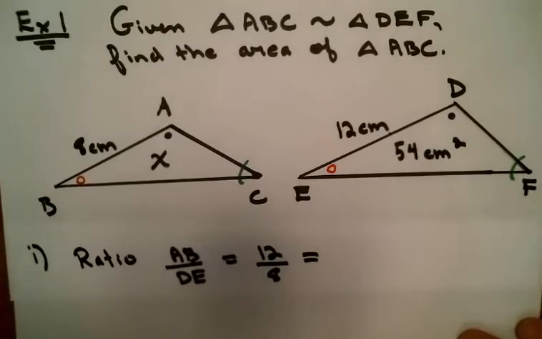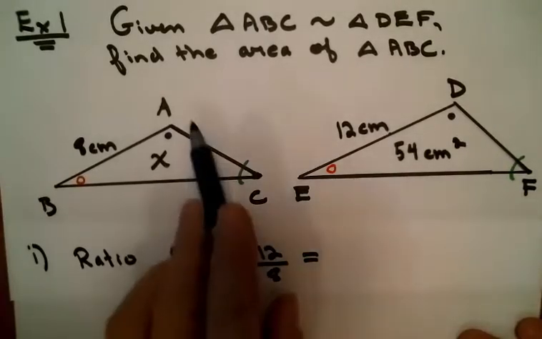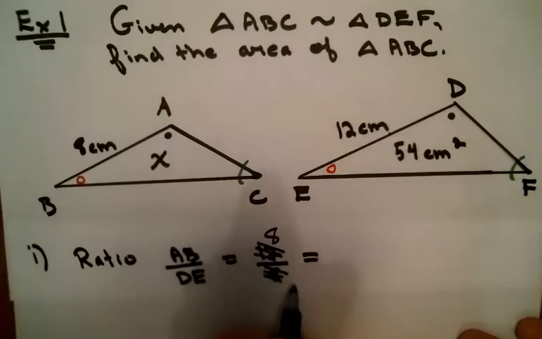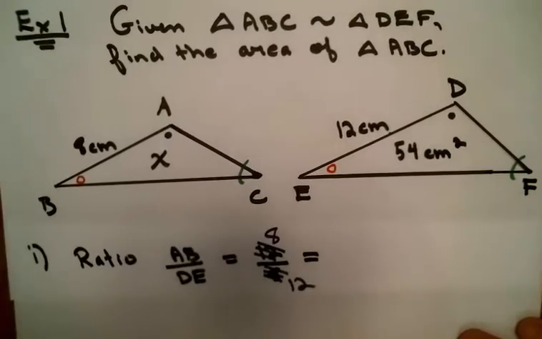Sorry, I have that reversed. Did you guys catch that? It's not 12/8. AB has the 8. So it's as follows. You want to point that out. This is a critical step. If you make that mistake, your answers are going to come out odd.